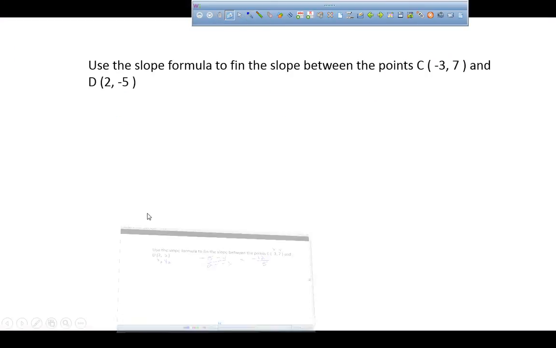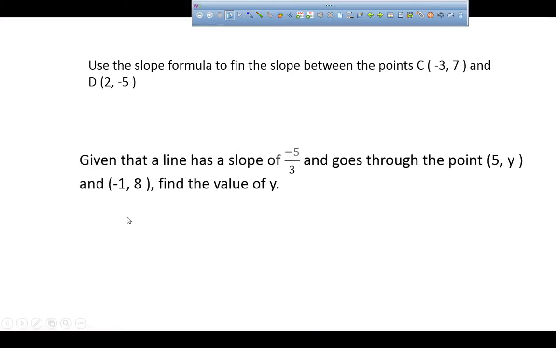Okay, and then the very last thing, this is where it gets a little tricky. Given that a line has a slope of -5/3 and goes through the points (5, y) and (-1, 8), find the value of y. There's a couple problems in your homework like this. What you have to do is set up an equation.